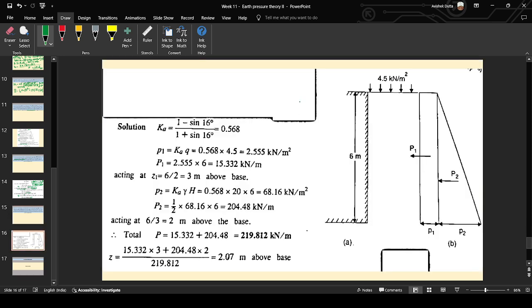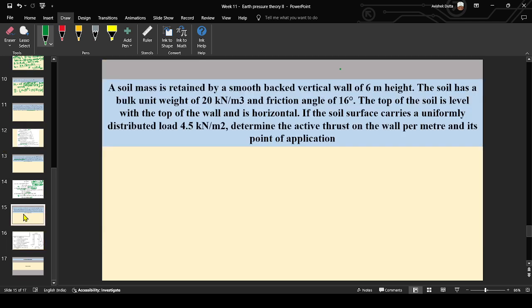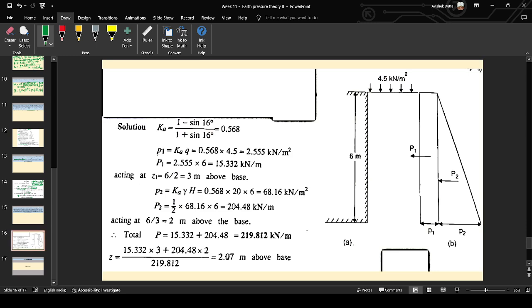So there is a surcharge for which there will be an additional pressure, that is intensity P1, which has the formula P1 equals Ka into Q, where Q is the surcharge intensity and Ka is the coefficient of active earth pressure, which equals 1 minus sin phi by 1 plus sin phi. Here the value of phi, the friction angle, is 16 degree. So the value of Ka is 0.568.